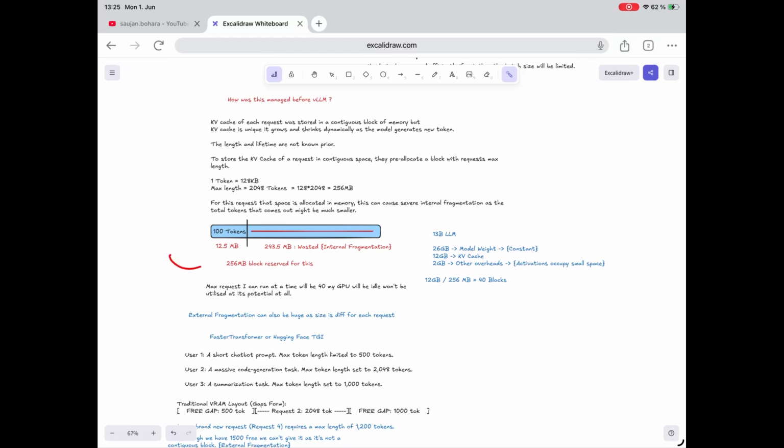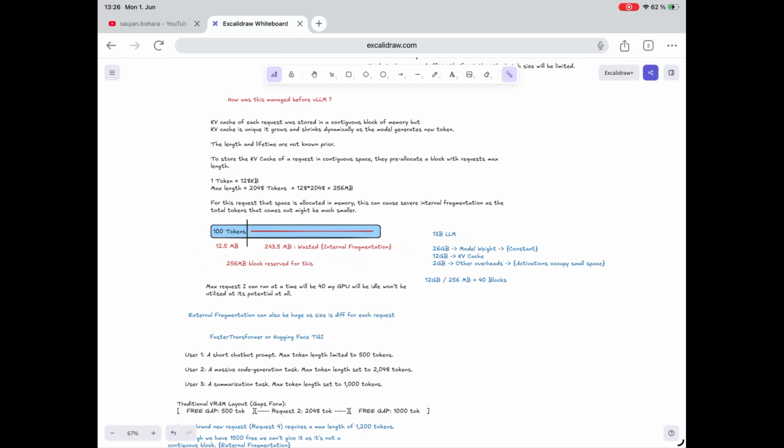When a new request comes in, say something like, tell me all the capital cities in Europe, and let's say that request takes 100 tokens to complete. With this setup, we'll end up giving it the whole 256 MB of space, but it only needs 12.5 MB, so the remaining 243.5 MB is wasted.